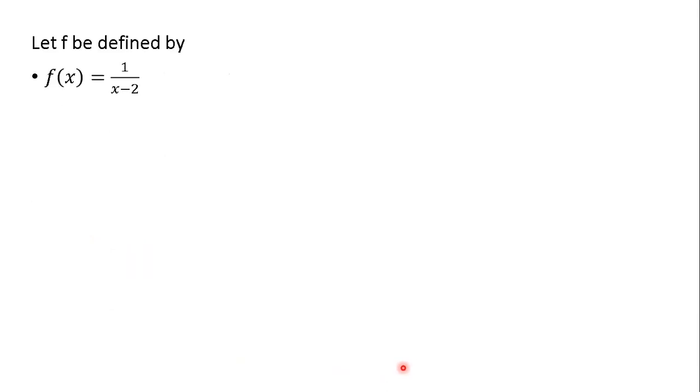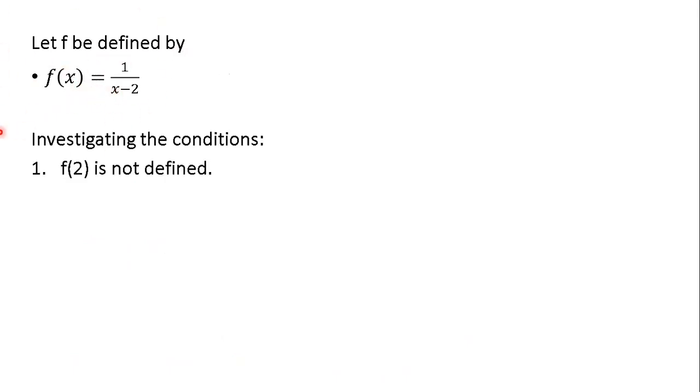Let's have another example. Let f be defined by f of x equals 1 over x minus 2. This is our given function. Let's now investigate the conditions. For the first one, f of 2 is not defined. Why? As we substitute the value 2 into x, the denominator turns into 0, and when the denominator is 0, the function is undefined.